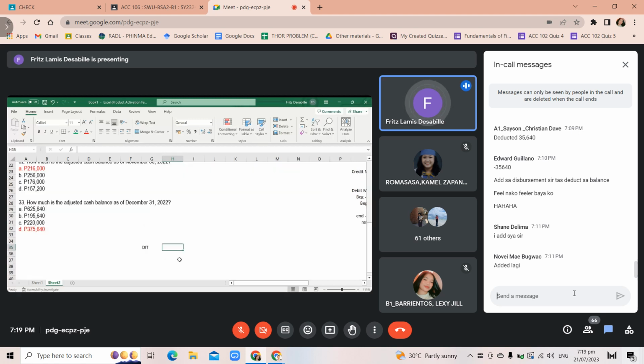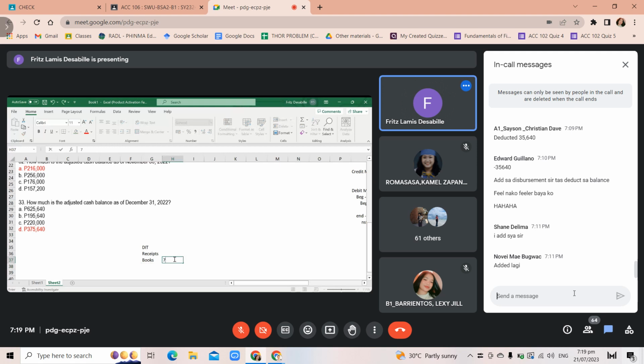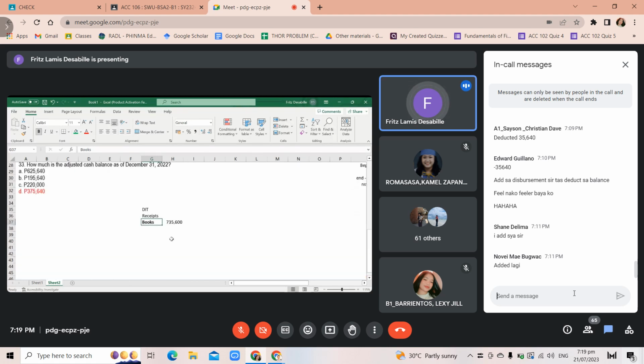Now, the receipts recorded by the books, if we say deposit in transit, the receipts recorded by the books, since it recorded debits amounting to 735,600. Now, part of that 735,600 are adjustments. The adjustments would include our debit memos, the prior period debit memos. So we take that out.